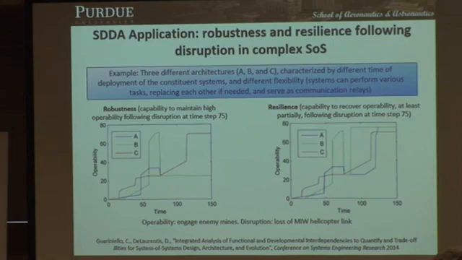So what we're doing here is trying to use together the operational domain and the developmental domain, and again, the goal is to identify what architectures are better in terms of robustness and resilience against the tertiary effect. And I want to underline again, this does not replace any concept of security within a single system. As you can see, it's something that we need to add to security in individual systems.